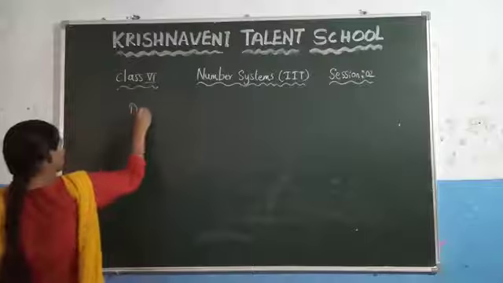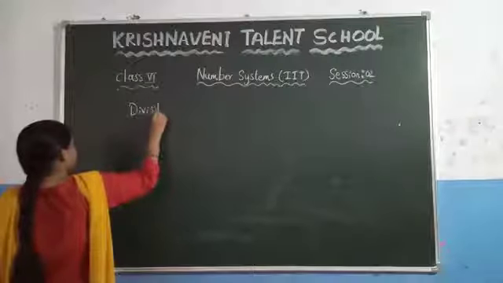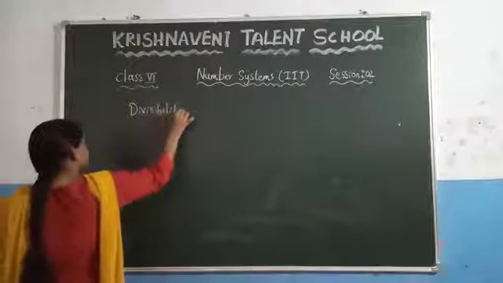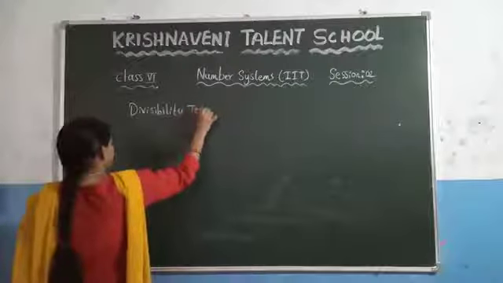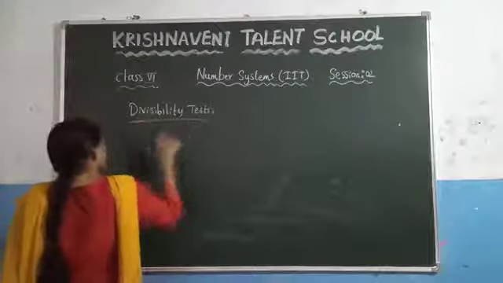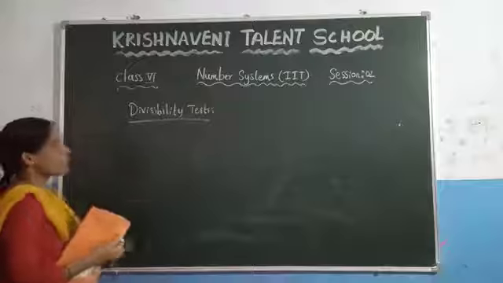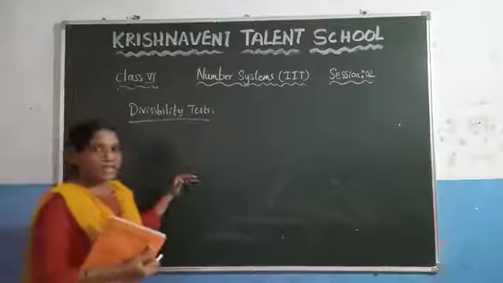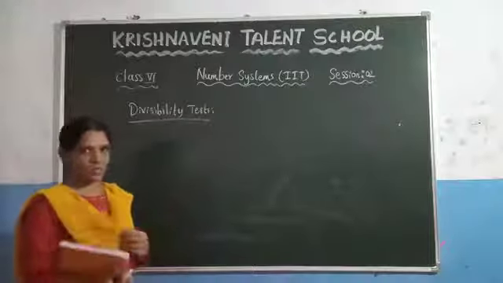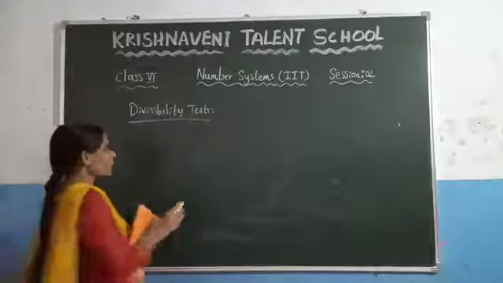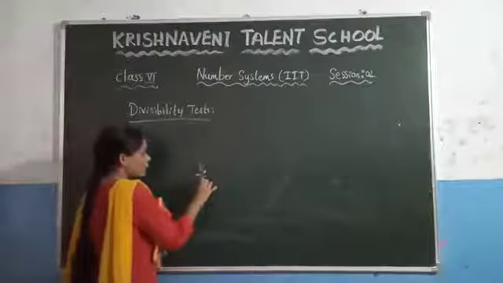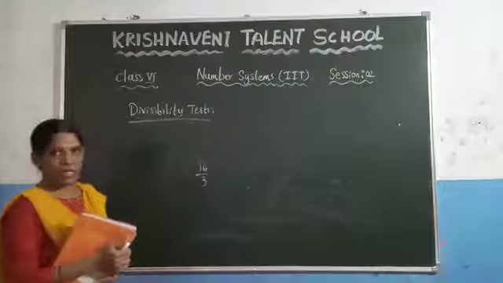And the next one is the divisibility test. Here we already discussed an example before. In that example we got 1 as a remainder. So we can say that 16 is not completely divisible by 3 because we are getting the remainder as 1.